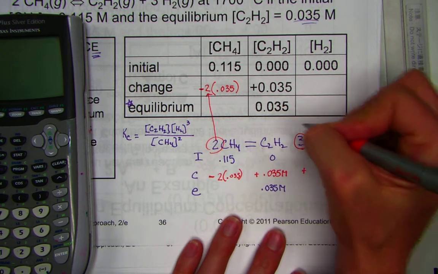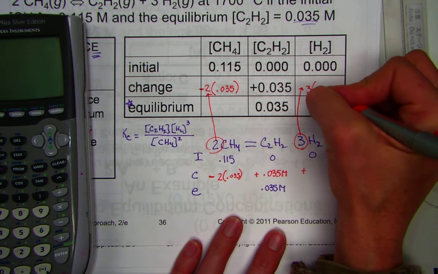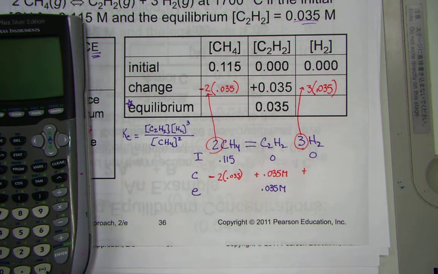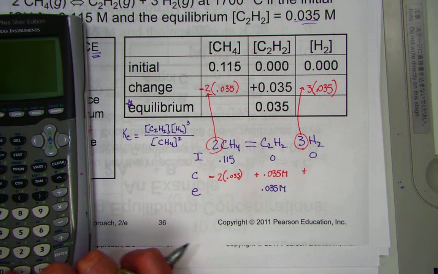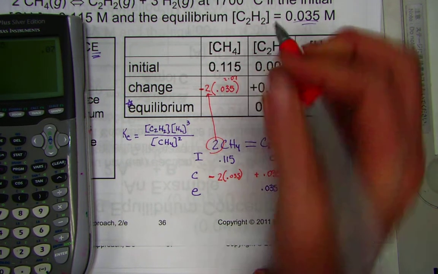See the coefficient of 3? That's going to be placed here, to keep in mind 3 times the amount of hydrogen would be formed based on its coefficient. So let's hit a little bit and see what we find. 2 times 0.035 gives us a change of 0.07.